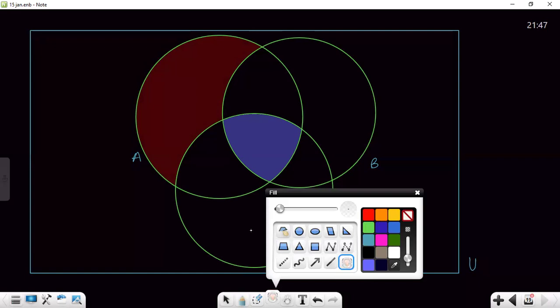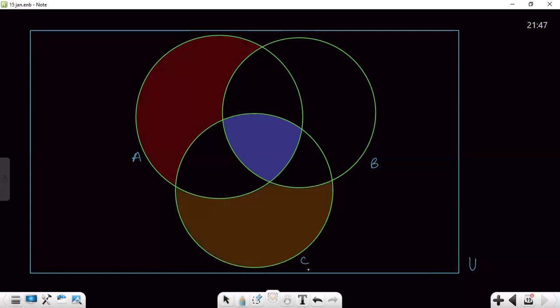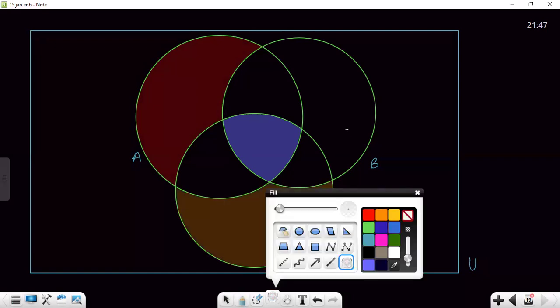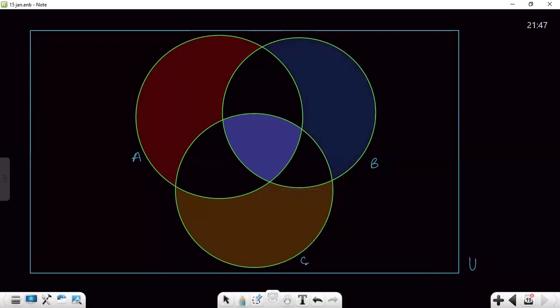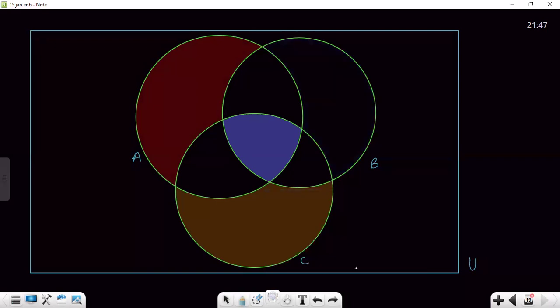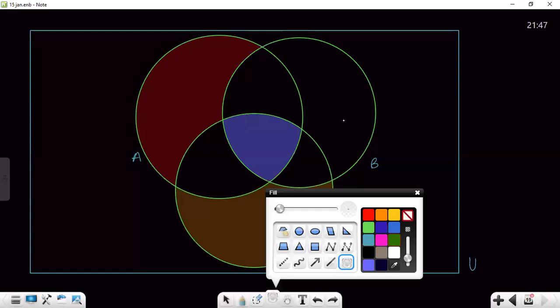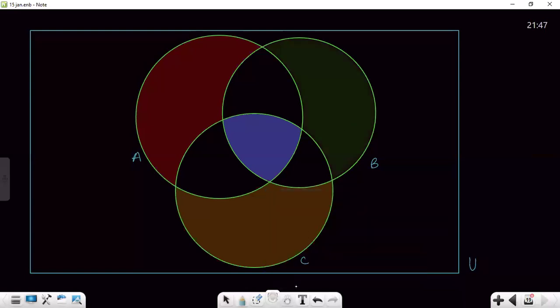I should give it a different color. Okay, now this is fine, I guess.